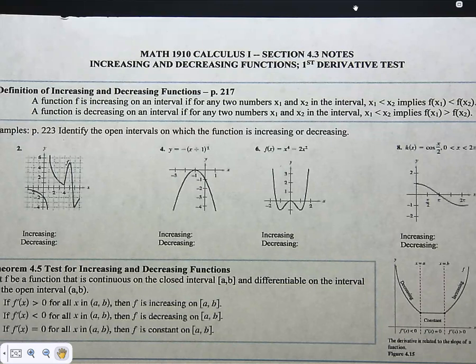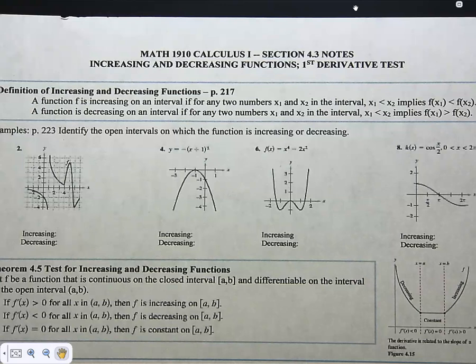I have cut and pasted, because I'm OCD, all the important stuff from 4.3 on one page. The first box is the definition of increasing and decreasing functions, the very precisely worded meaning of increasing on an interval and decreasing on an interval.